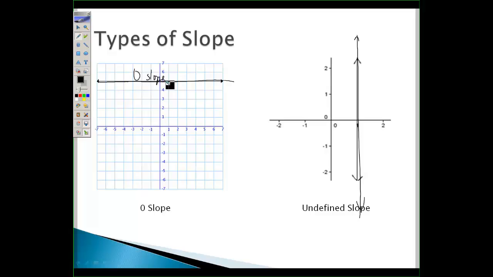On the undefined, you can't write undefined on the line. Okay, it kind of rhymes. You cannot write undefined on the line. So that's a way to remember your types of slope. Okay.